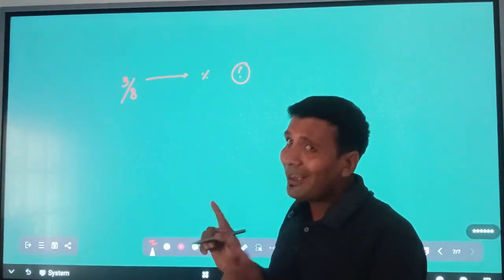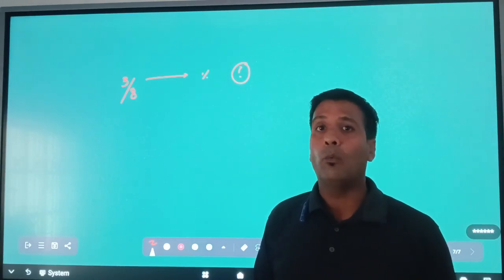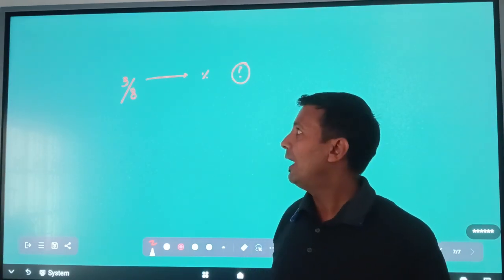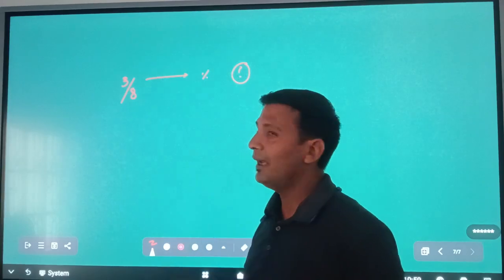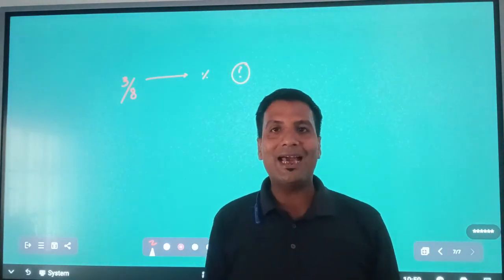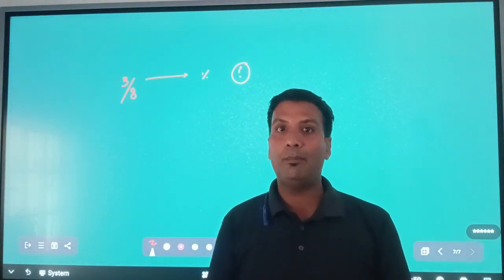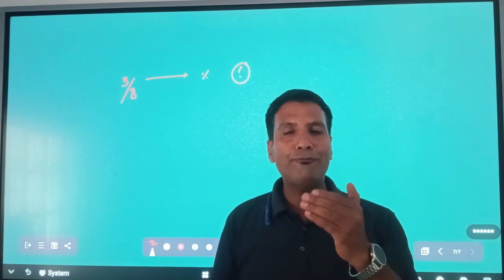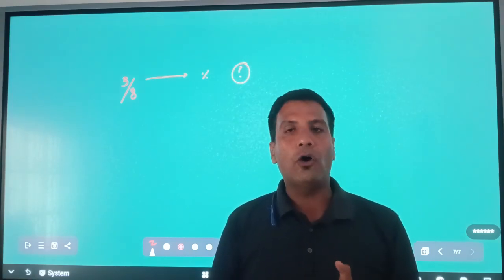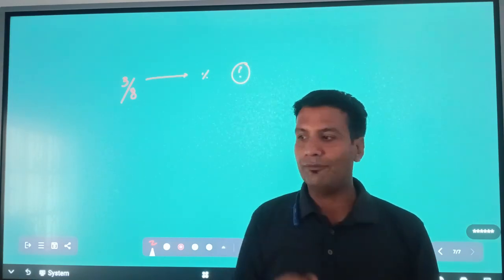Now, any fraction, what does it signify? I have taken 3 by 8. It means the whole thing has been divided into 8 equal parts, and out of that we are considering 3 of them.